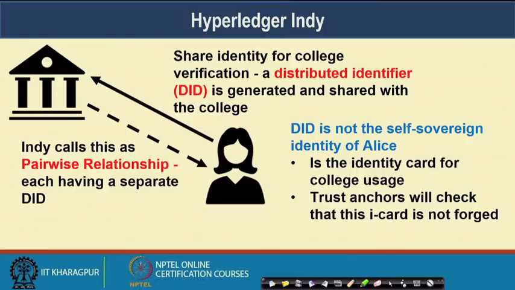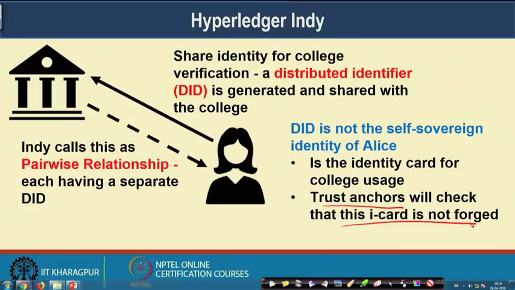The trust anchors will check that this identity card which Alice is going to share with the college is not forged, that Alice is the authoritative person and no one else is trying to impersonate Alice in this example. That would be the only task for the trust anchors.